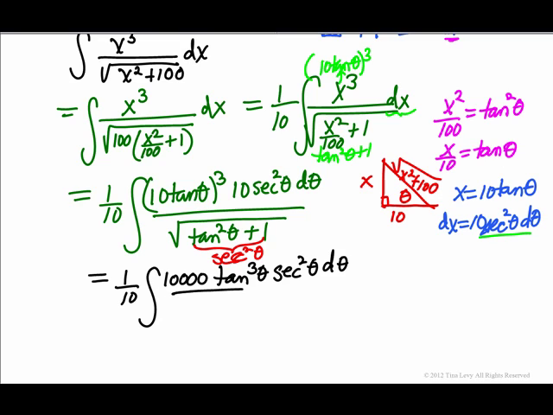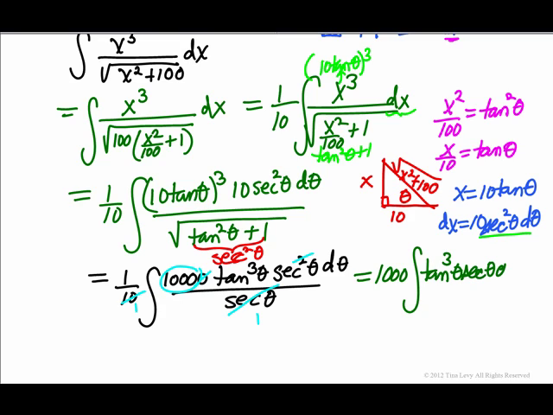And then in the denominator, the square root of secant squared, which is just secant theta. So now this can cancel, and I've got just one secant. And sure enough, this cancels, and I've got just 1,000. So now this is 1,000, the integral of tangent cubed theta secant theta d theta.